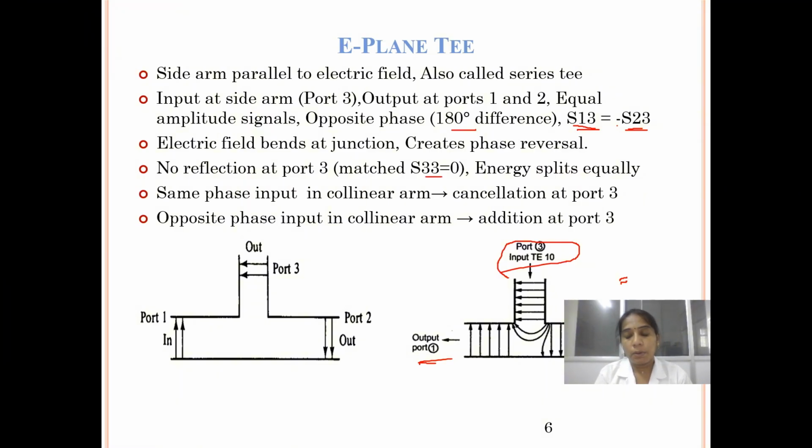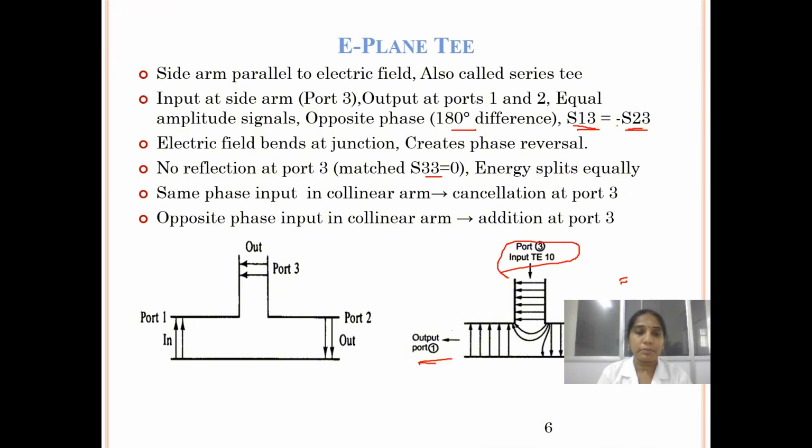One more basic thing: if you consider any microwave component, all the ports cannot be matched perfectly. We can match any one of the ports. That's why here S33 is perfectly matched, and the remaining two are not matched.